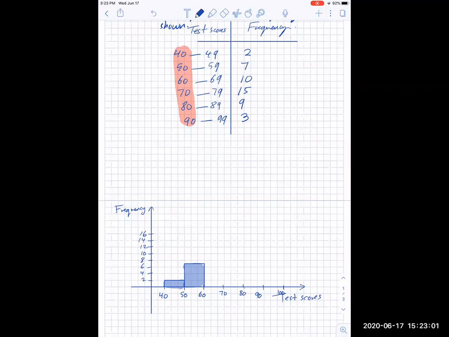And then 60 to 69, 10. Okay, 70 to 79, 15.